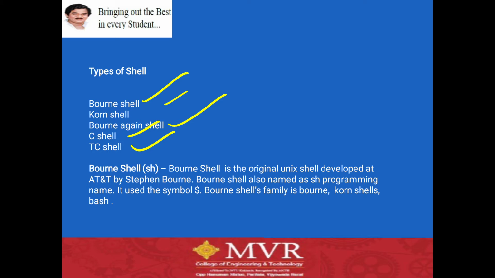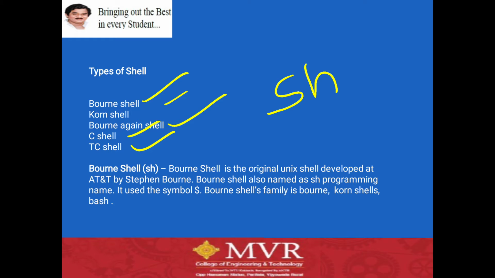So the Bourne shell is named so because it was developed by Stephen Bourne at AT&T Labs. Because it was developed by him, he named the shell after his name. Whenever you write a program, the Bourne shell is always represented by 2 letters, that is SH.